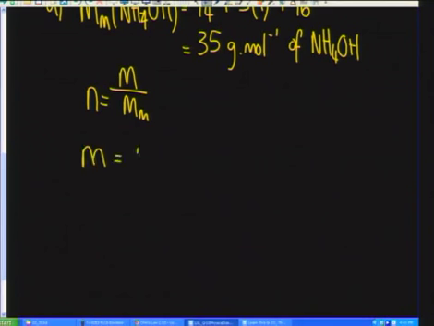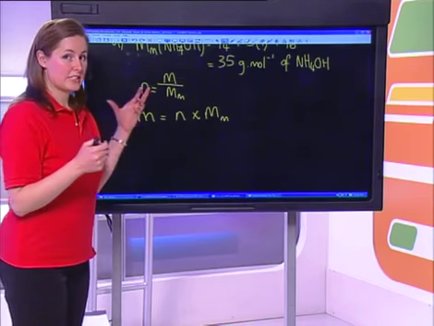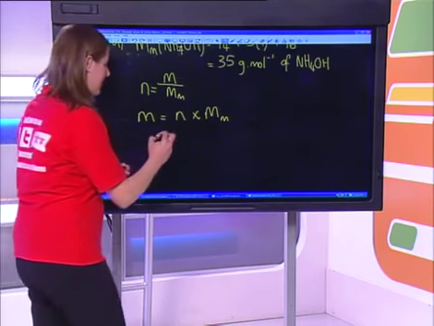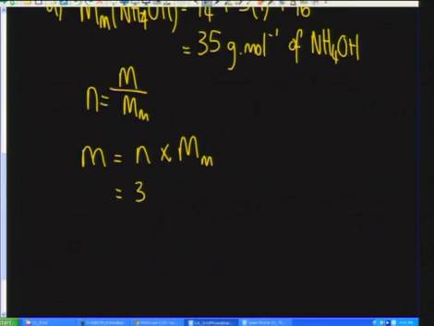So mass is equal to number of moles multiplied by the molar mass. Because it was dividing on the right, when I take it across the equal sign, it's going to do the opposite operation, which means it's going to be multiplying. So we've got 3 multiplied by the 35.